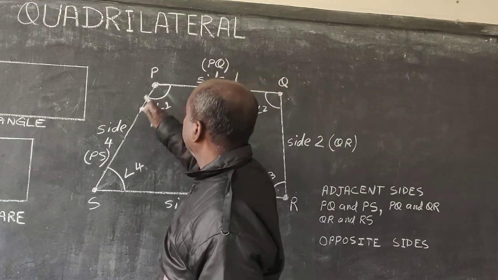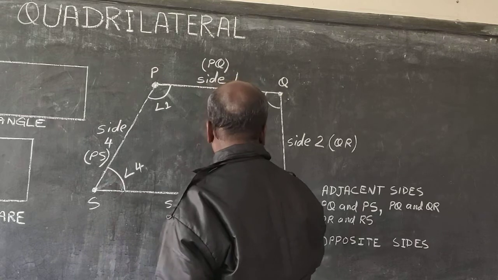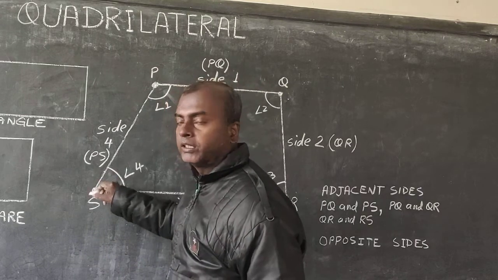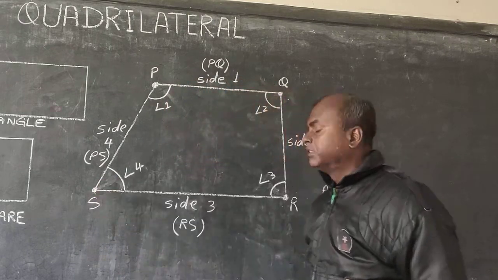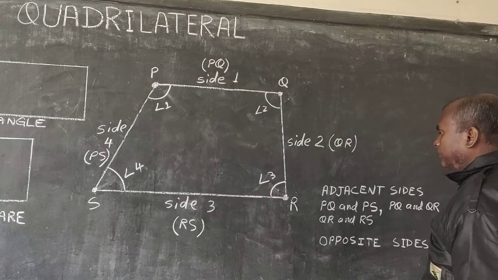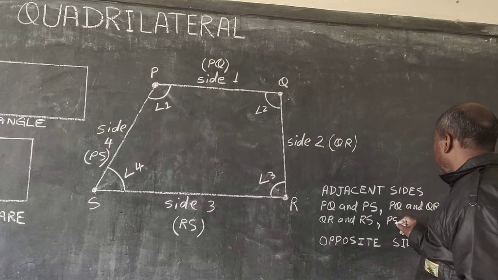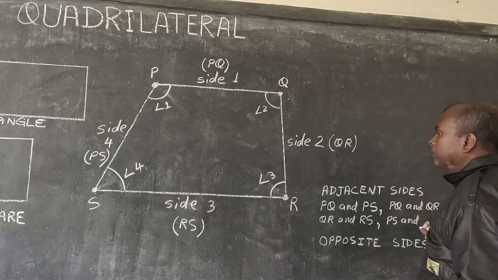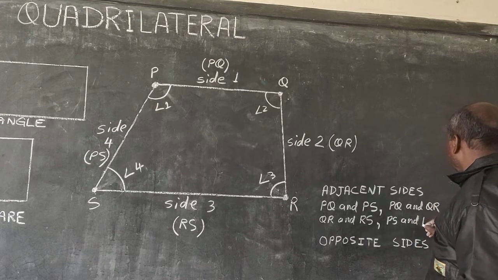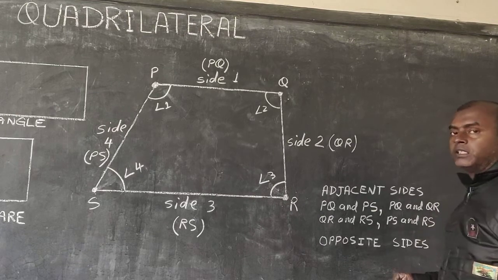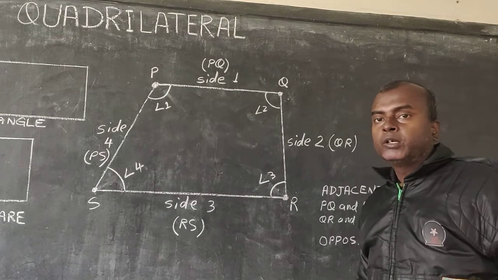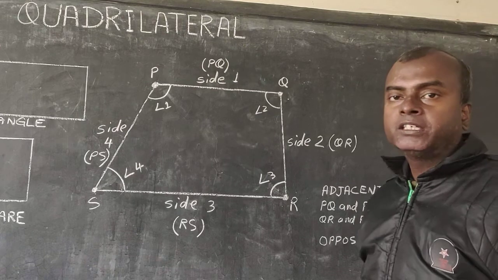Similarly, PS and RS have the common vertex S. So even we can say PS and RS, they are also adjacent. So I hope you understand which are the adjacent sides.